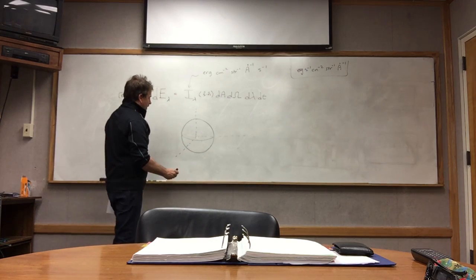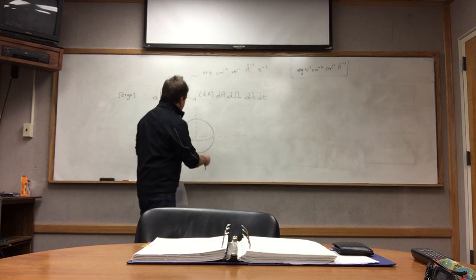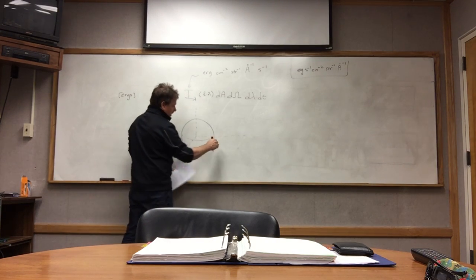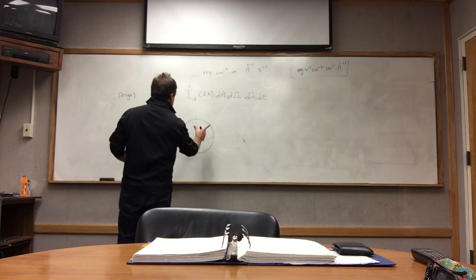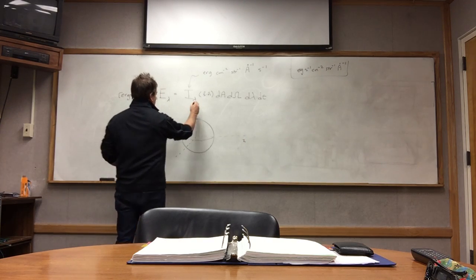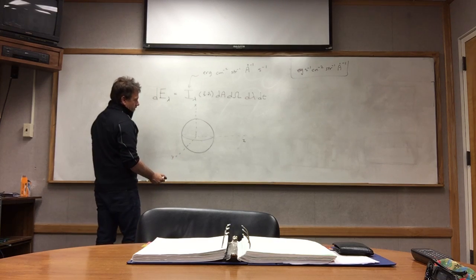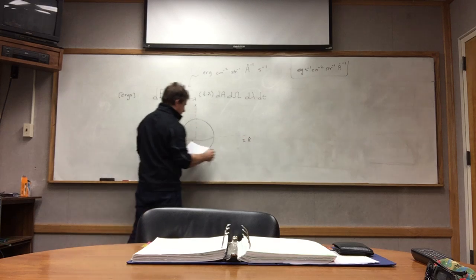Now what we're going to do, even though it's on its side, I want you to think of this as the polar axis. So this is basically Z. And then if that's Z, you want a right-handed system. That's X, that's Y. So in terms of vectors, this is the k hat direction.